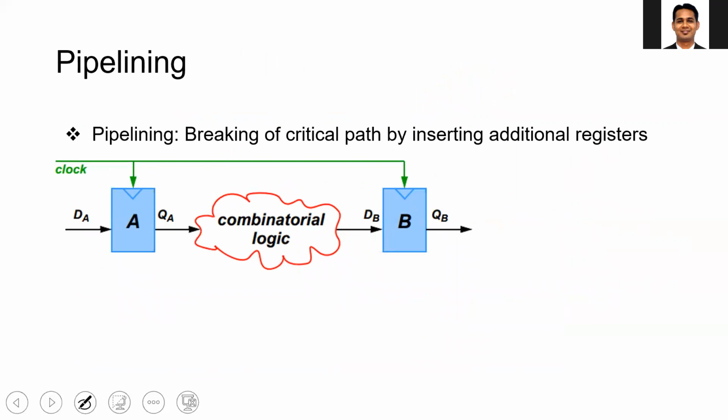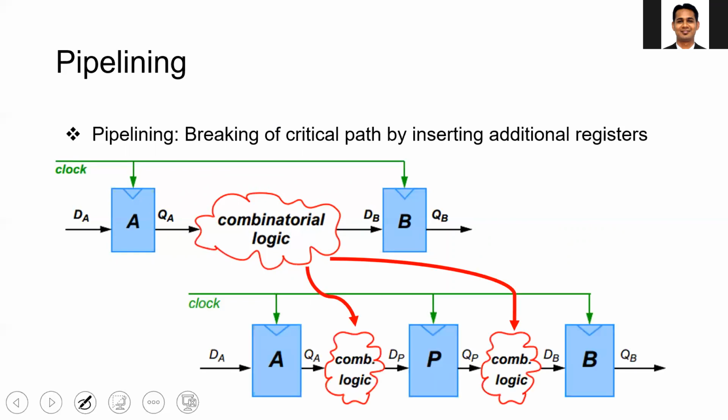That means I want to break the critical path delay by inserting an additional register. So I break this combinational circuit into two combinational circuits. You remember the combinational circuit of F, G and H. Initially F, G and H were combined together. Now we are adding the flip-flop between the F, G and H, so your combinational circuit is divided into two parts.